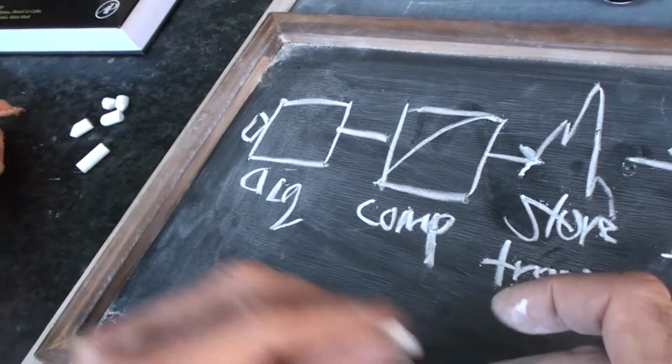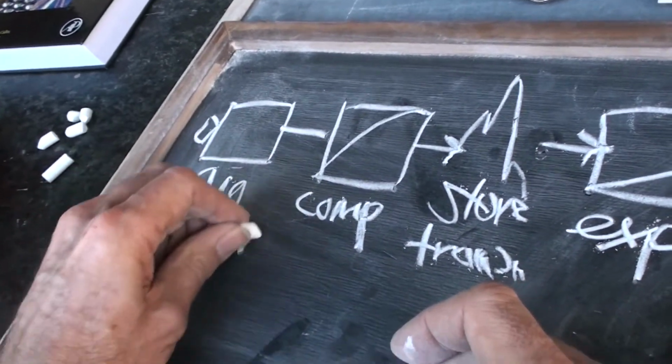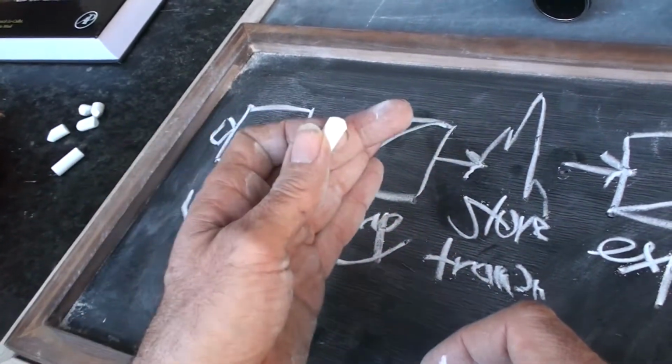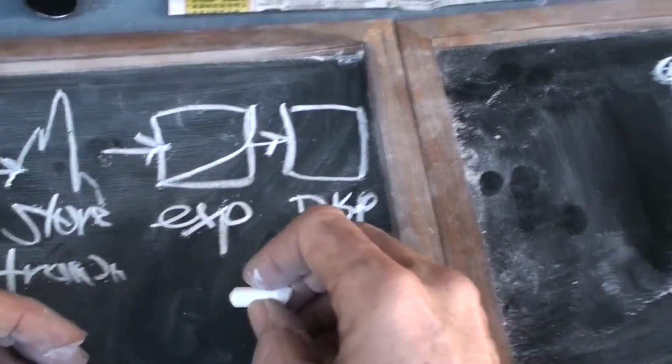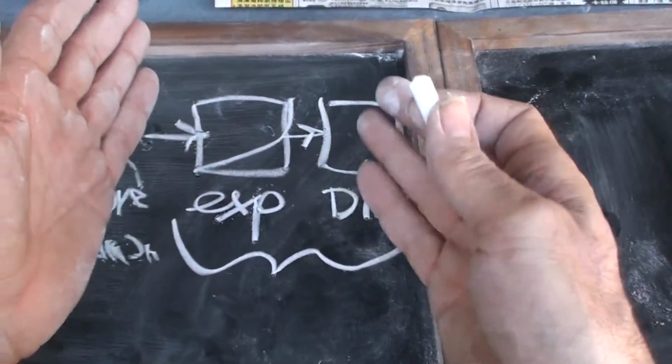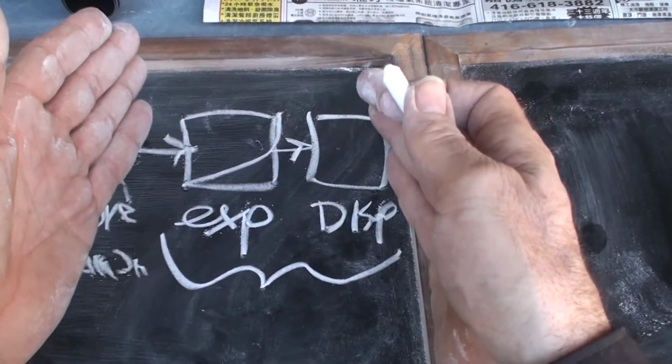But so this is what a camera is. A camera as we know it is an image acquisition device followed by a dynamic range compressor. And this is a TV or a display or a newspaper or whatever display medium you want. This is expansion and display.